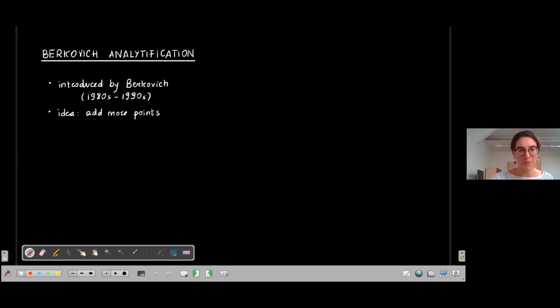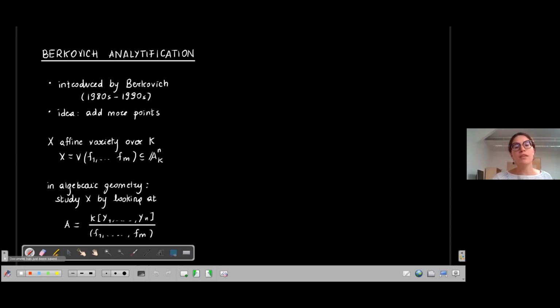So let's start. We fix an affine variety. For the moment, I will give the definition just for affine varieties. As I mentioned, this is the vanishing of a set of polynomials inside A^n over K. It's usual in algebraic geometry that in order to study X, we can study the functions that are defined on the variety.